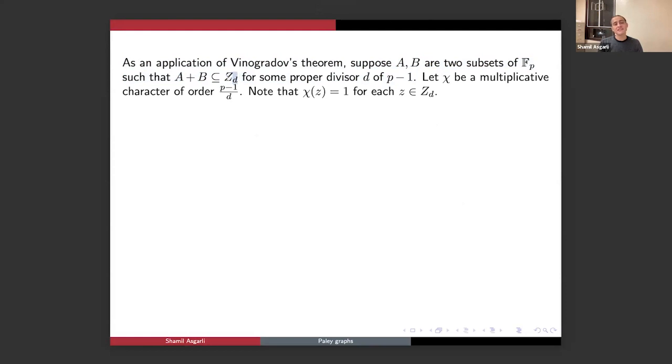Even though Z_d is not equal to A plus B, the fact that A plus B is a subset of Z_d already indicates that Z_d contains some additive structure. And we want to say that this kind of thing is rare. So what can we say? Well, let chi be a multiplicative character of order (p minus 1) over d. Then it's clear that chi of z is 1 for each z in Z_d.